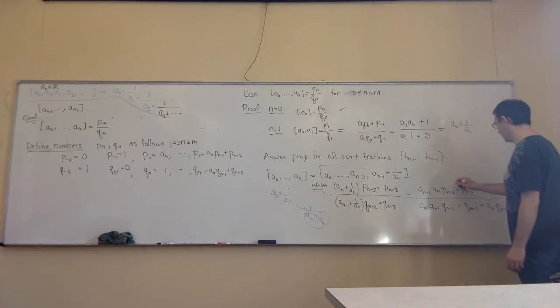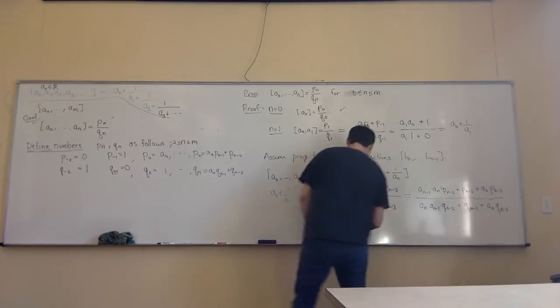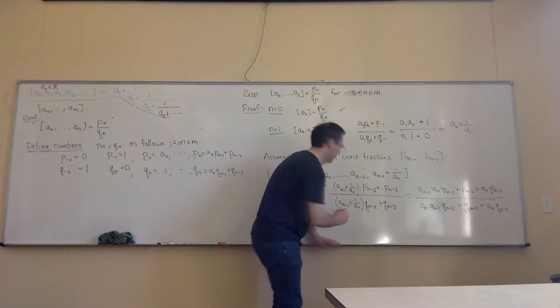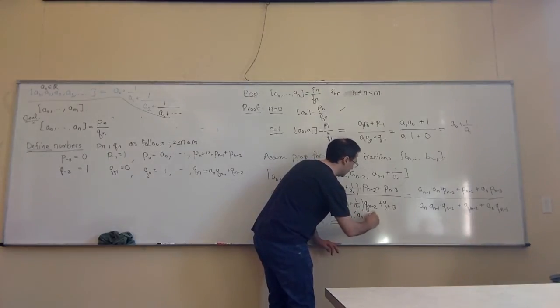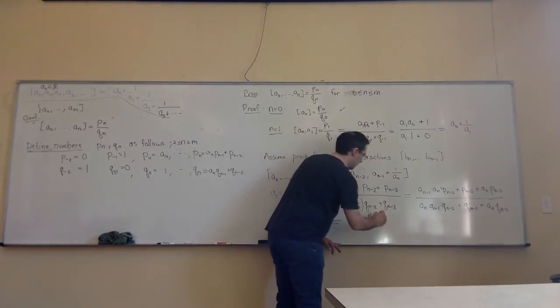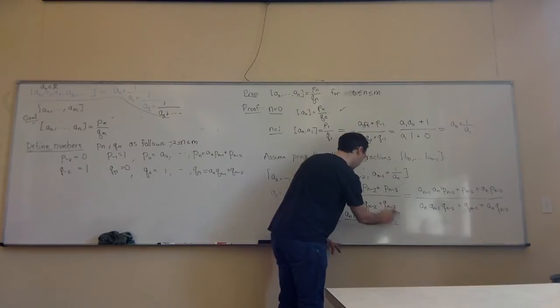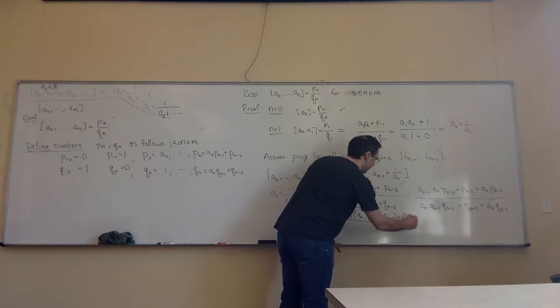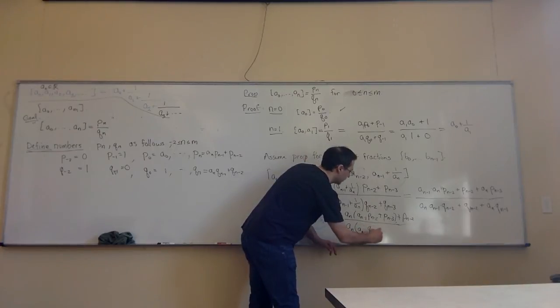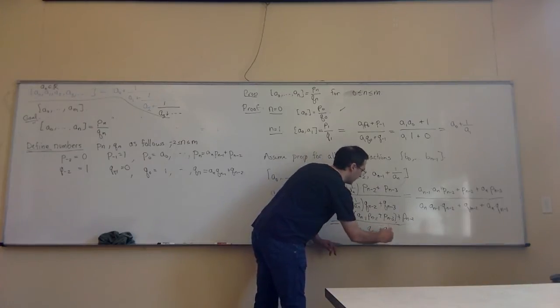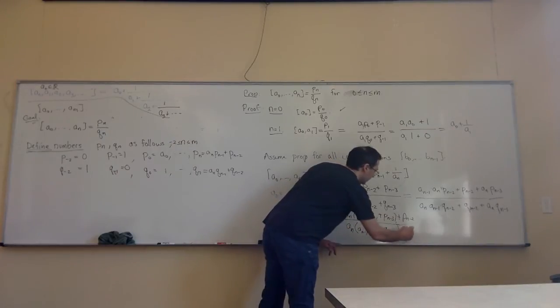So I'll just rewrite this as a sub n times a sub n minus 1, p sub n minus 2, and there's an a sub n at the end, so that's plus p sub n minus 3, divided by, oops, I forgot a term, plus p sub n minus 2. Okay, and then divided by a sub n times a sub n minus 1, q sub n minus 2, plus q sub n minus 3, plus q sub n minus 2.